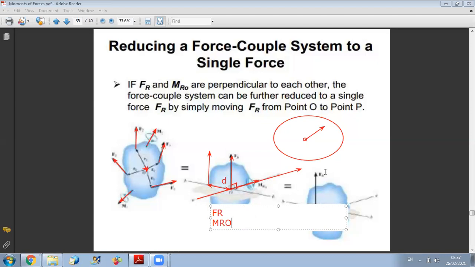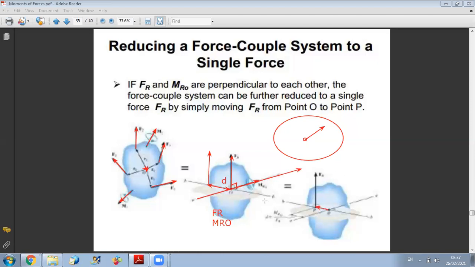Now, in this figure here, what I did is that I displaced my force backward. And who can tell me why we displace it backward and not towards the right? Because if we were to do it to the right, the moment would be backwards.